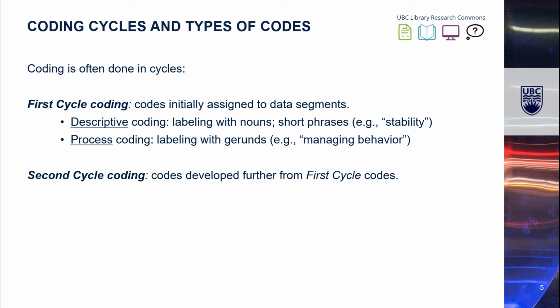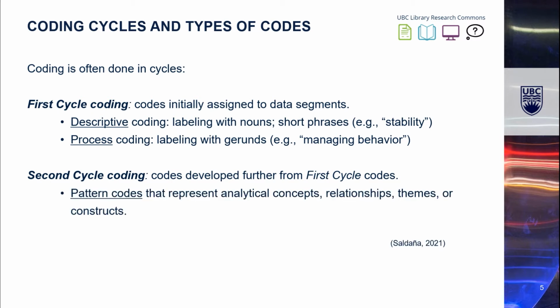In second cycle coding, Saldaña argued that more categorical, thematic, conceptual, or theoretical organization is developed from those initial first cycle codes. For example, what he calls pattern codes pull together data segments from first cycle codes into fewer, more meaningful, and more condensed analytical concepts, relationships, themes, or constructs.